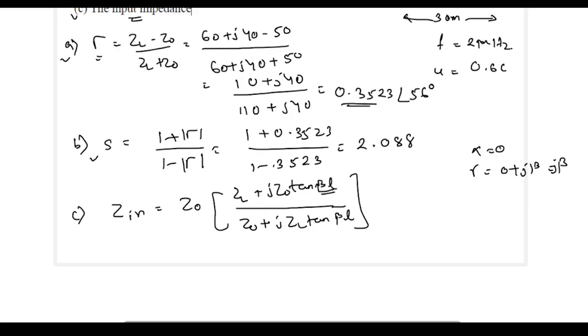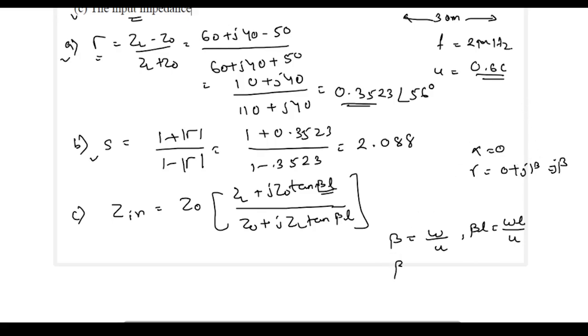Now, first we need to find the beta L value, then we can directly calculate this. We know that beta is equal to omega by velocity, so beta L is equal to omega into L divided by velocity. Velocity is given as 0.6 into c.